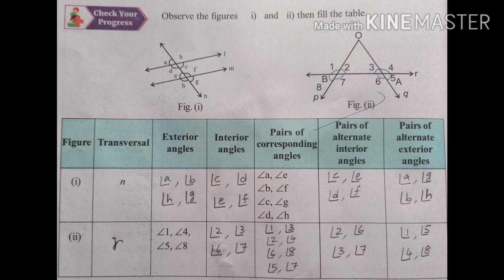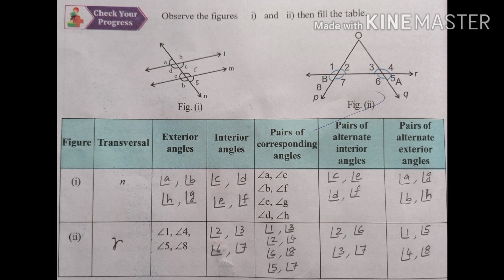A, B, H, G. These angles are outside of the lines L and M. That means angle A, angle B, angle H and angle G. Then what are interior angles? Interior angles, as already told, are inside the lines L and M. What are the inside angles? Angle C, angle D, angle E and angle F.